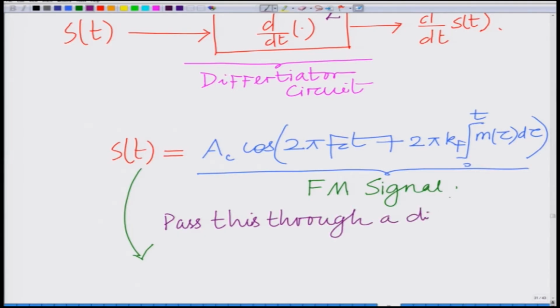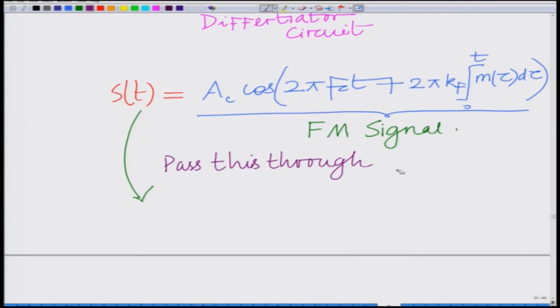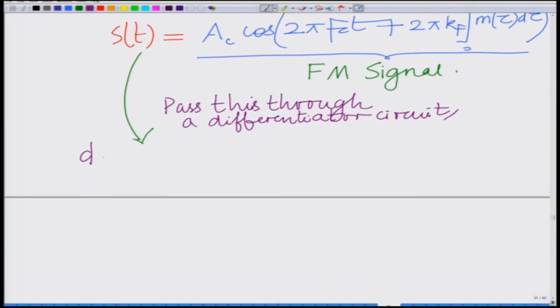Now, when we pass this through a differentiator circuit, the output is d s of t by dt, that is the derivative of s of t, which is A c cosine of 2 pi f c t plus 2 pi k f integral m of tau d tau.